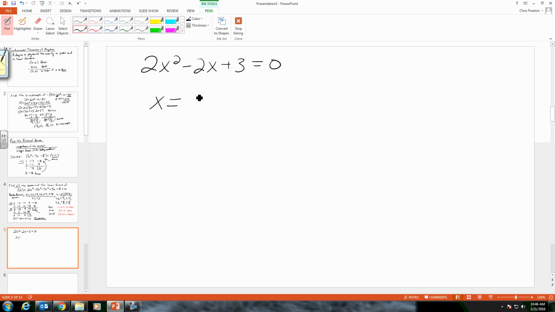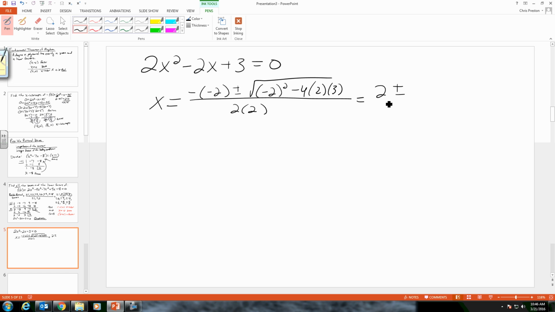X equals negative b plus or minus the square root of b squared minus 4ac, all over 2 times a. So what do we get? We get 2 up here plus or minus, with a 4 down here. We have 4 minus, what's this? 6 times 4, 24.